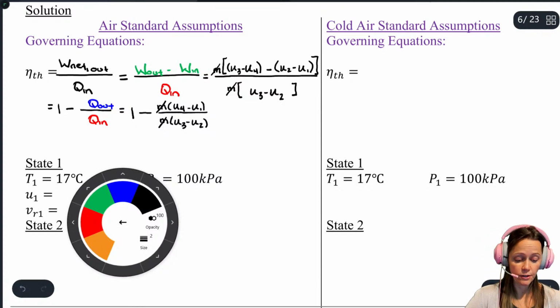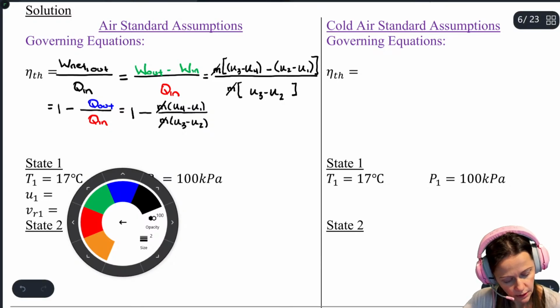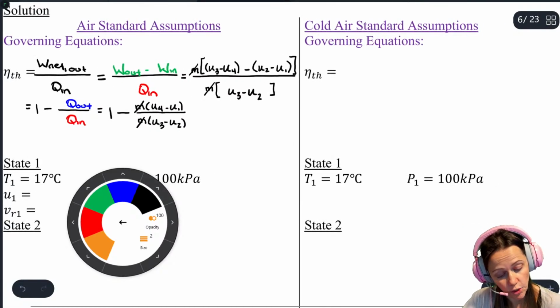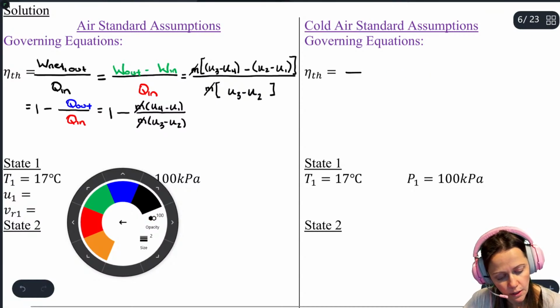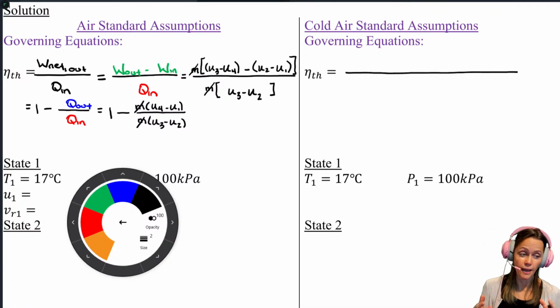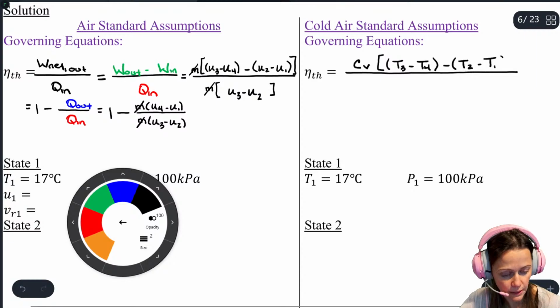If we make cold air standard assumptions, we're assuming that specific heats are constant. So this equation becomes, instead of things in terms of delta U's, well, remember, for an ideal gas with constant specific heats, any delta U can be approximated as CV delta T. That's on your equation sheet. So this becomes CV times the delta T's: T3 minus T4 minus T2 minus T1.